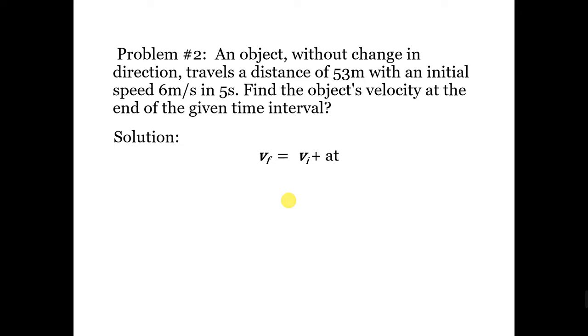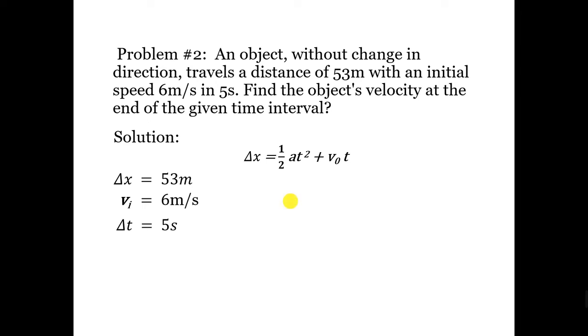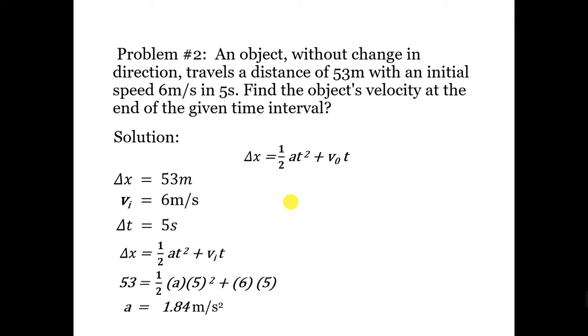We can use the distance formula in terms of acceleration. Now the values from the given problem are 53 meters for the distance, 6 meters per second for initial velocity, and 5 seconds for the time interval. Now if we substitute the values to the distance formula, the result is equal to 1.84 meters per second squared as the acceleration of an object.